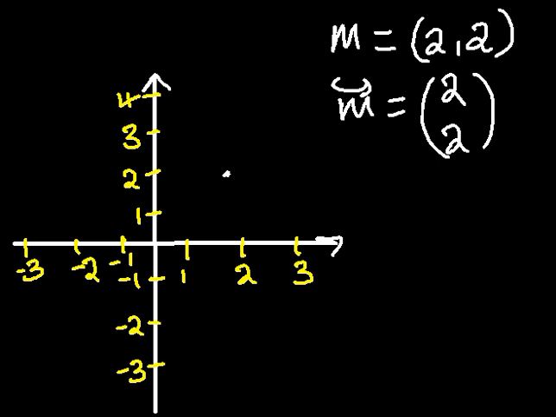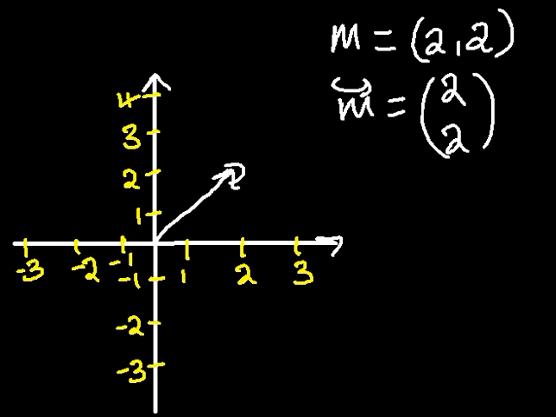This is the point of interest. But what we're going to do is come up with a line drawn from the origin to that particular point, having it this way.